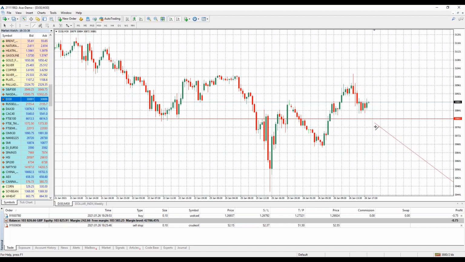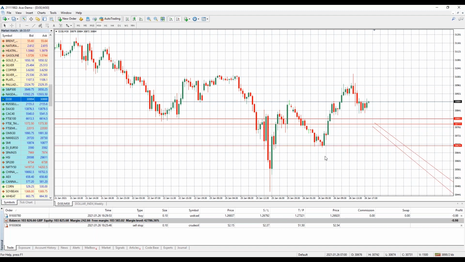So I like the idea of a sell stop down here below this support level. If it breaks this price level, then a sell stop getting in down here with a take profit at the next support level down here makes a lot of sense.